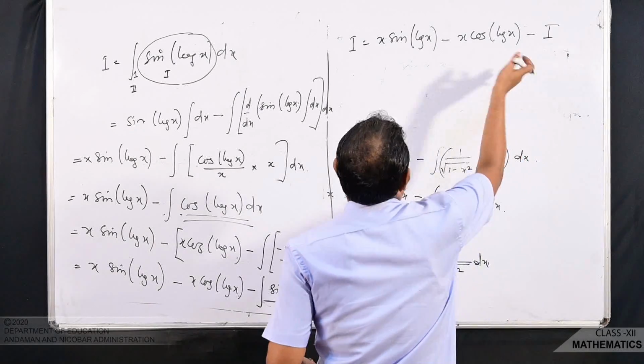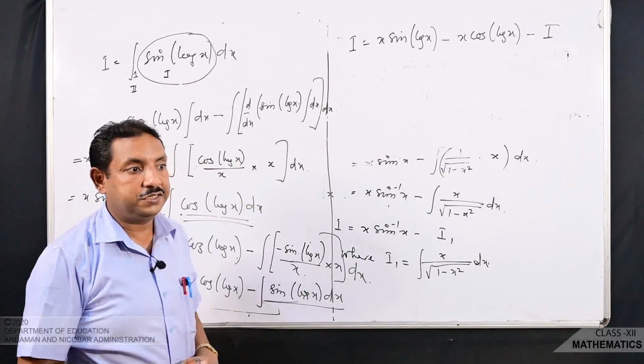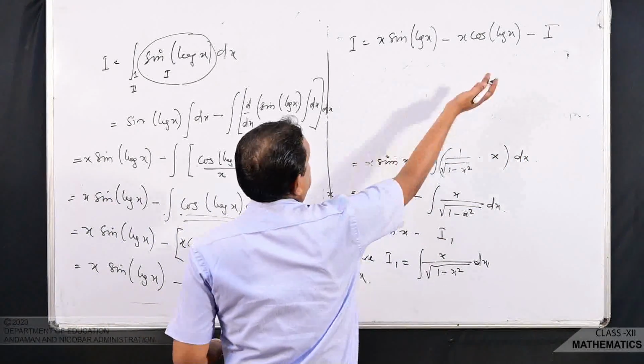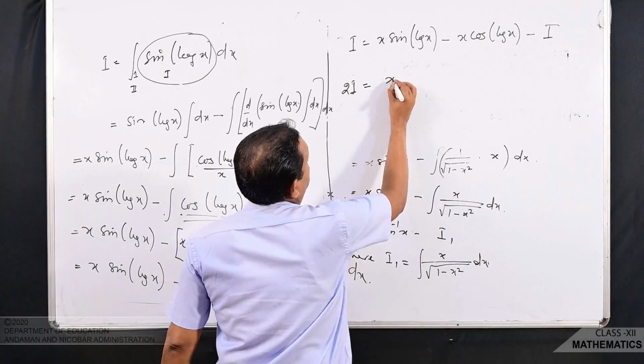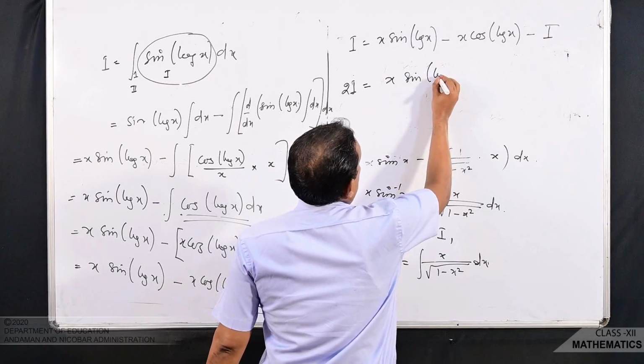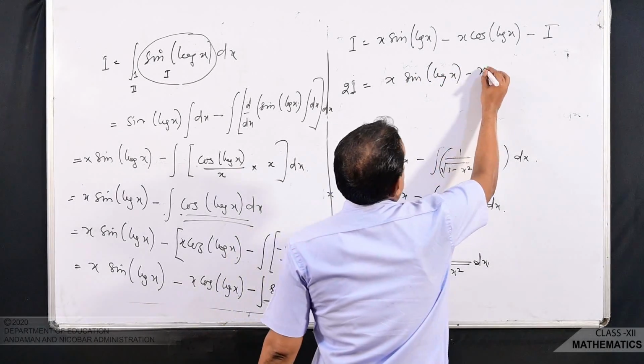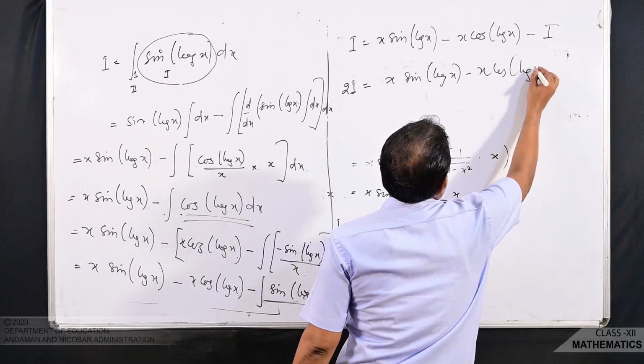This I I can shift to the left-hand side, and that is 2I equals x sin log of x minus x cos log of x.